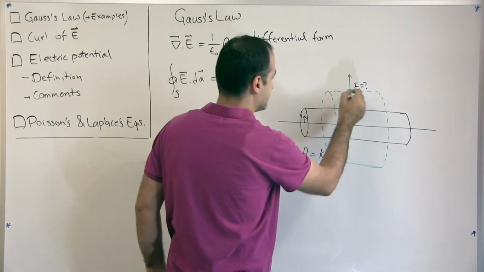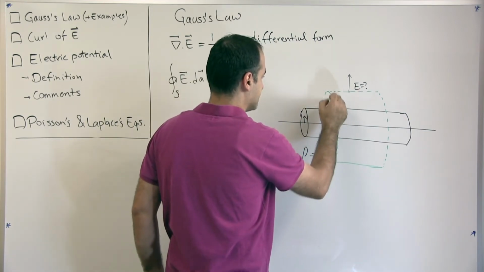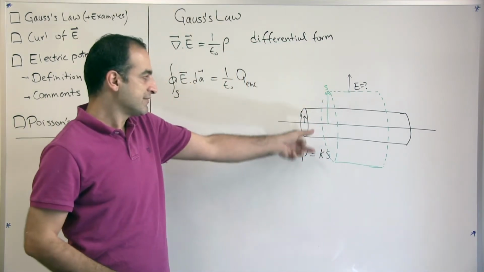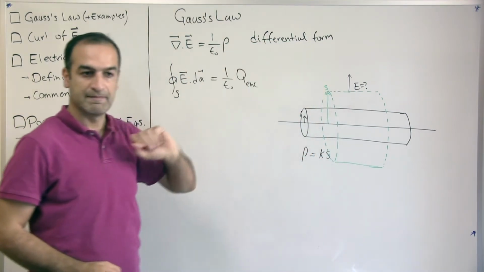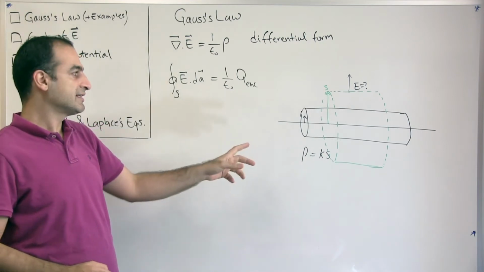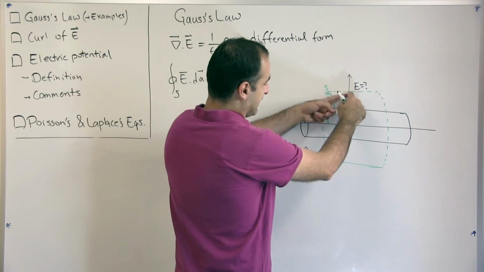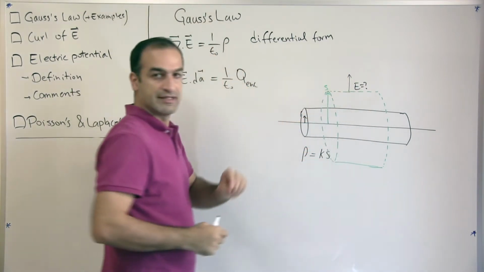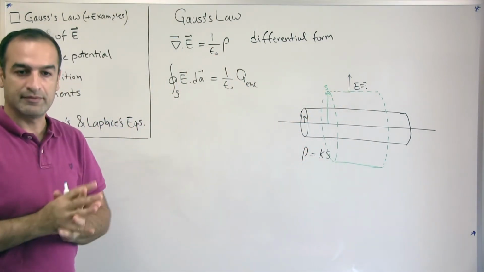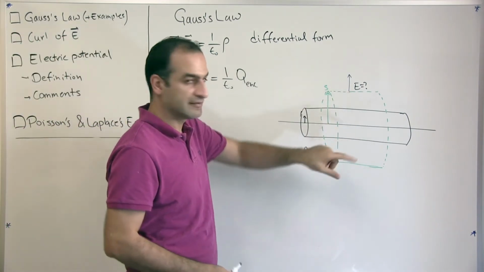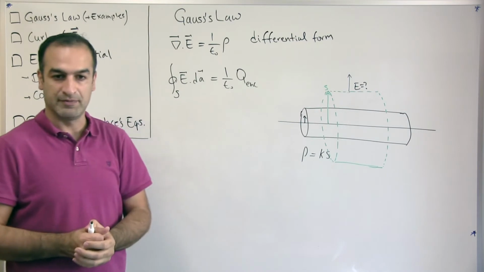So if you're at distance S from the center, the radius of the cylinder should be S all the way. If we choose it like this, the advantage is that the electric field at any point on the surface of the cylinder is uniform. It doesn't matter if you're looking here or here, the strength is uniform.